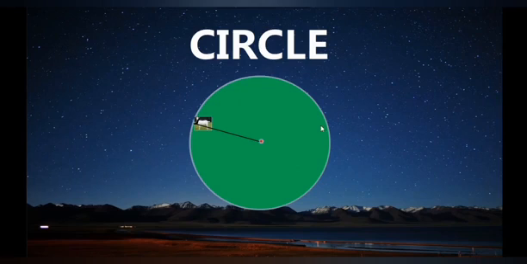Now, the boundary surrounding the region is called the circumference of a circle, while the distance between the center of the circle and any point on the circumference, which in this case is the length of the rope with which the goat is tied, is called the radius.